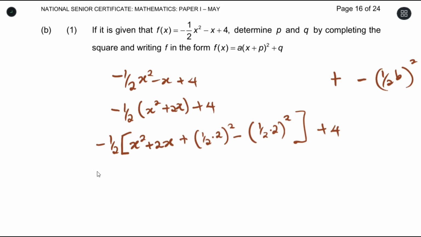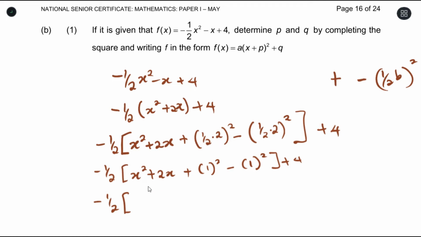Okay, so this here is -½(x squared plus 2x plus 1 squared, minus 1 squared) plus 4. Okay, so if you factorize this, it will give you this (x + 1) squared. Okay, so you're only left with this minus 1 plus 4.